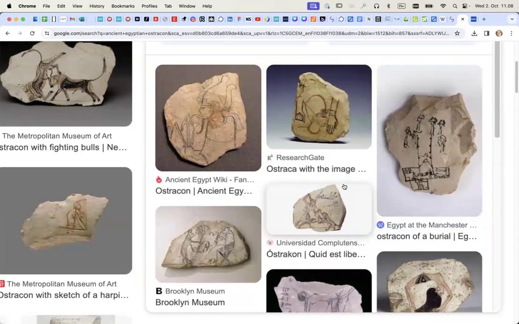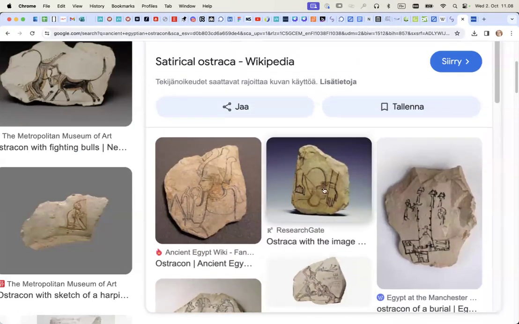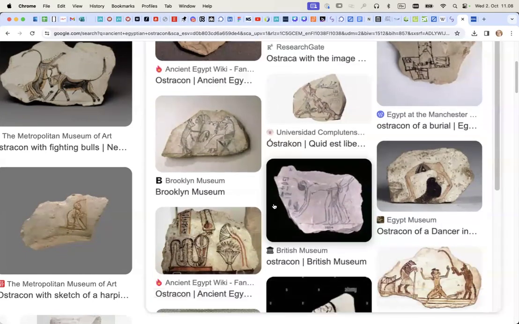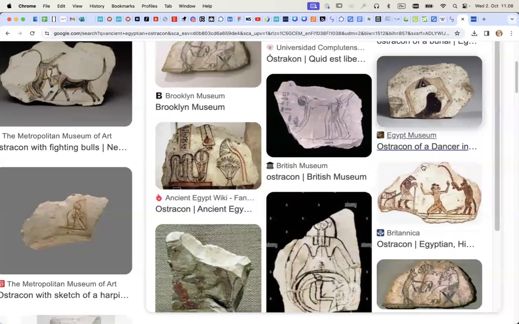Many of these are just sketches for bigger paintings, but we have also found other kinds of ostracons. Okay, and we have this.